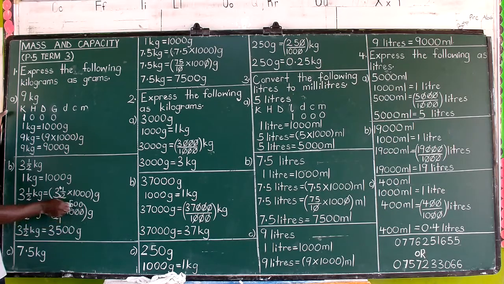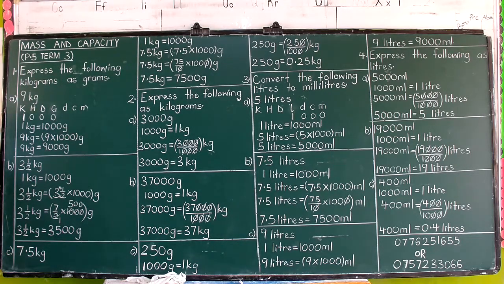Now 10 divided by 2 you get a 5, 0 divided by 2 you get a 0, 0 divided by 2 you get a 0. Thereby remaining with 7 times 500 grams. Then 7 times 5 is 35. Then bring the zeros, those zeros come back. So 3.5 kilograms are equivalent to 3,500 grams. And so doing, you will have answered.